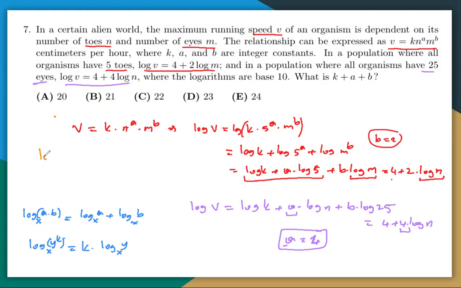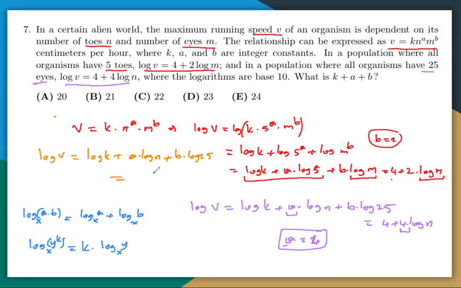So log v was equal to log k plus a times log n, and then plus b times log 25.